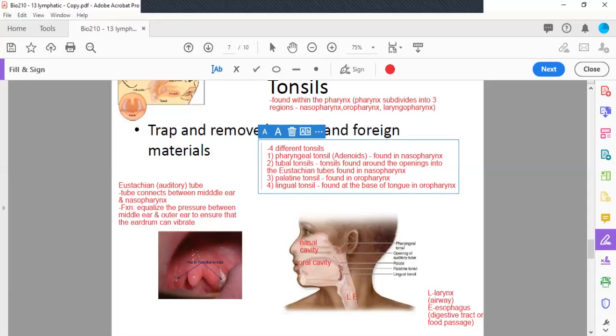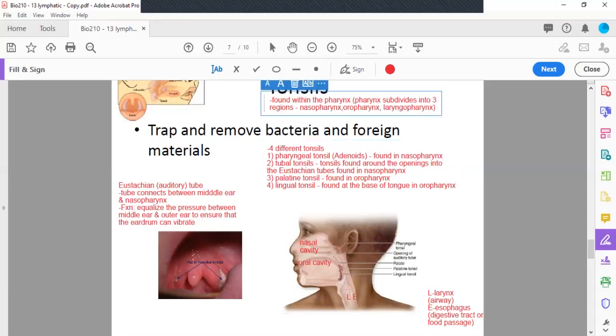You can see the appreciation I have for the structures of the human body. When you think of this, you think of functions, how they keep you in homeostasis, how these organs maintain your health.